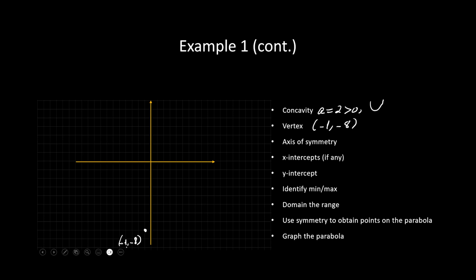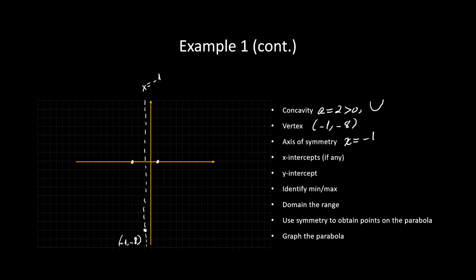How about the x-intercepts? We said they were... axis of symmetry. So this is the axis of symmetry. X equals negative 1. Intercepts x, we have two of them. We have one at 1.